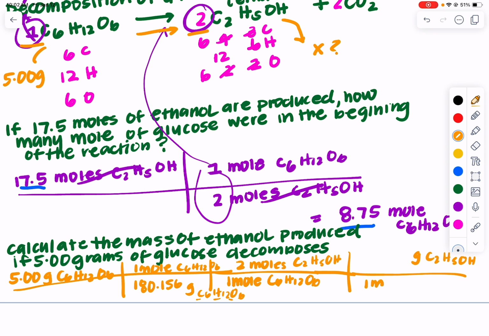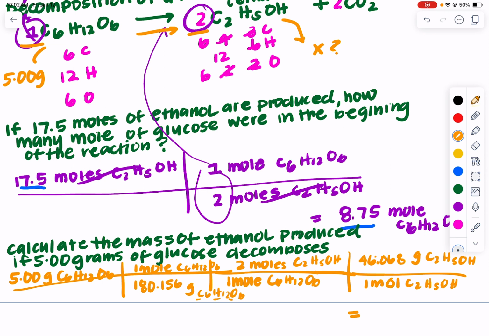And we can again calculate the molar mass of this. 1 mole of C2H5OH is 46.068 grams of ethanol. And if we do this math, we should get the amount of ethanol that we created.